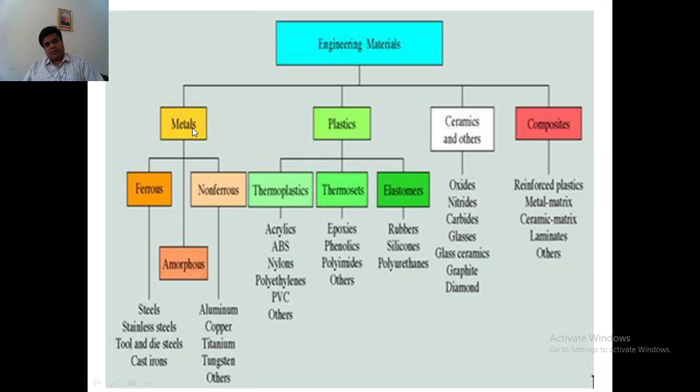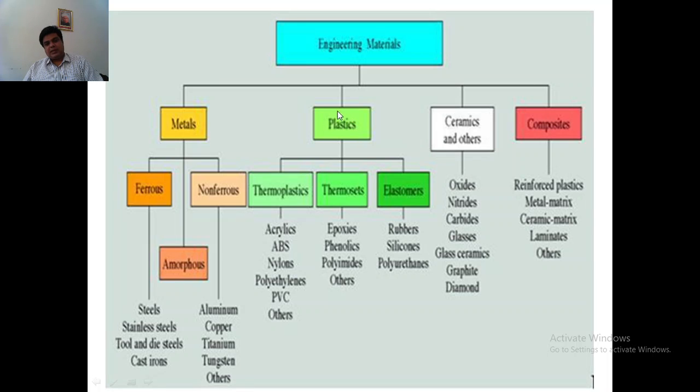Apart from metals, we have something called alloys. Alloys are basically metals mixed with some other metals or other materials. It becomes an alloy, where the properties of the alloy are greater than those of the metals. We'll understand all these things in detail later in material science, but here let us just look at metals and alloys.